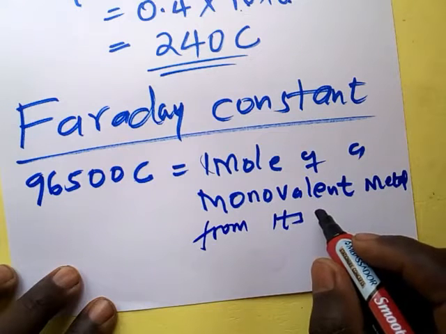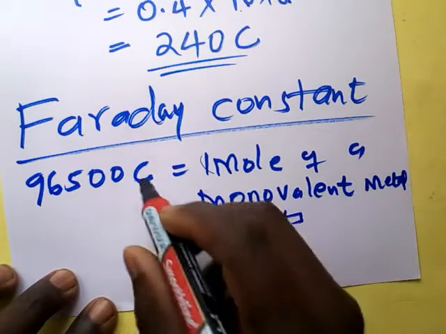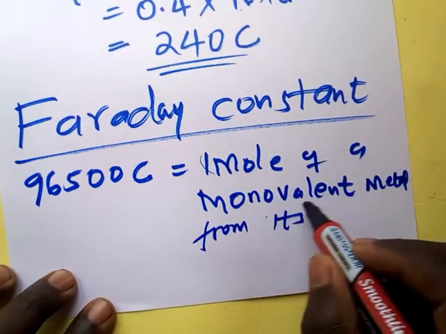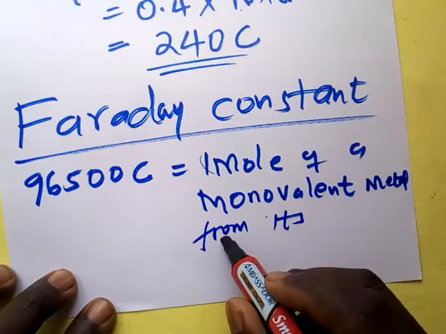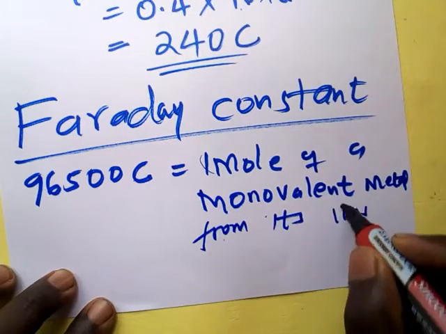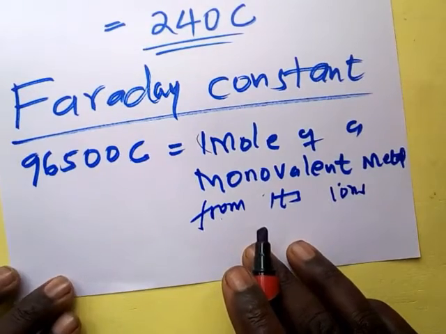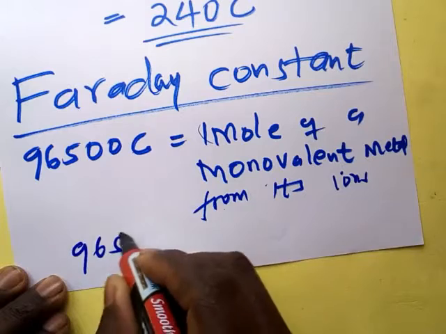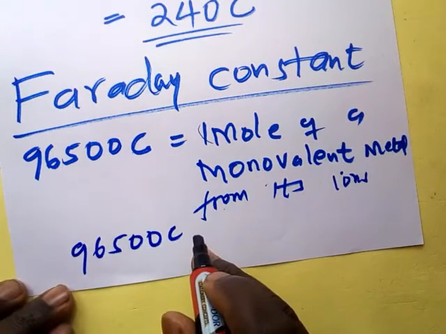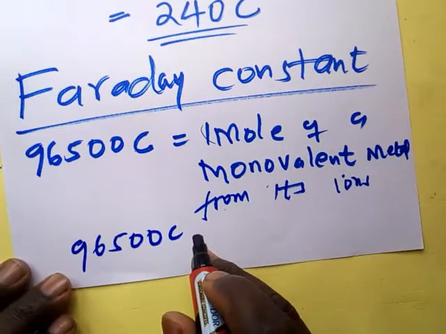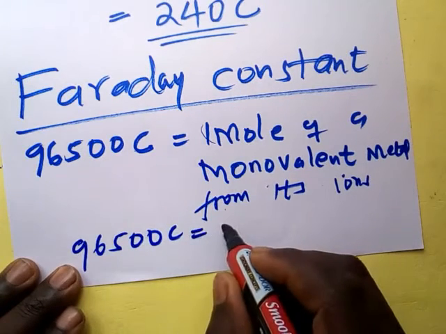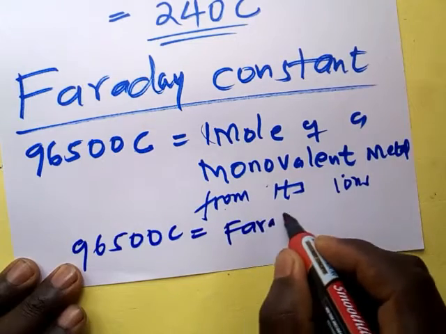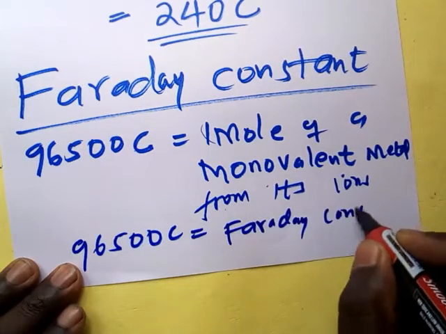Therefore, this number, 96,500, was called Michael Faraday's constant. We call it the Faraday constant.